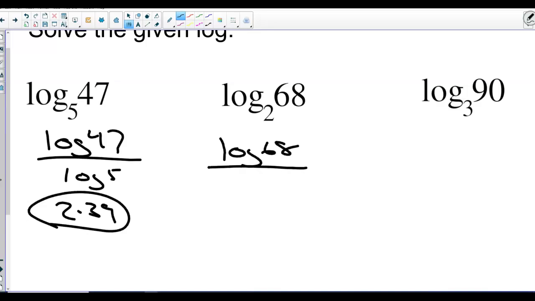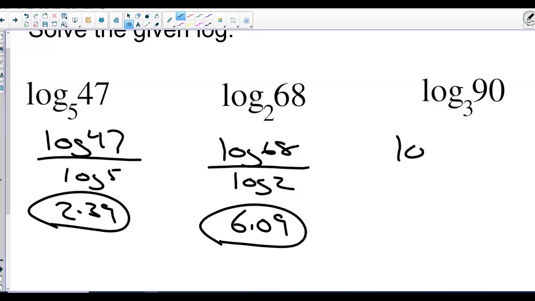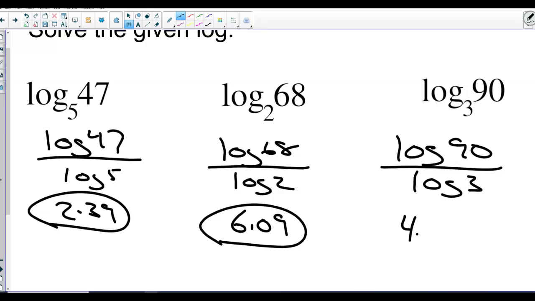Log 68 over log 2. 68 log divided by 2 log. 6.09. Log base 90 divided by log base 3. So 90 log divided by 3 log. 4.10. And those are your answers. And that is the review for your test.